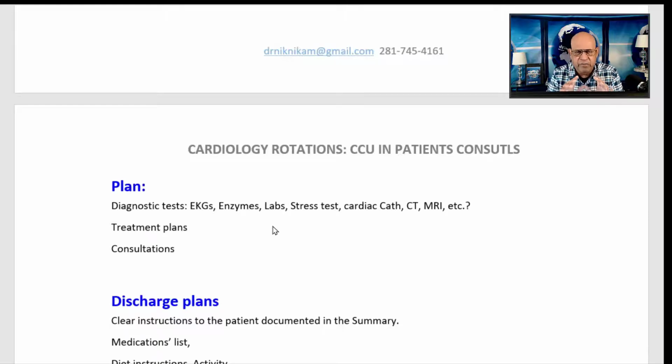Whenever you see a cardiac patient, it is absolutely essential to make sure the patient is NPO after midnight on the day of admission. You may be saying, that's stupid. Why should everybody be NPO? And I'll tell you why. Because most of these patients are here for cardiac evaluation. A lot of these patients, based on their initial blood work, x-rays and EKGs, may need some kind of a test.